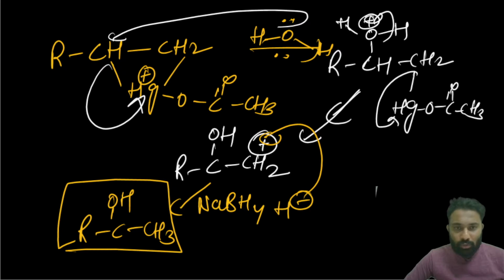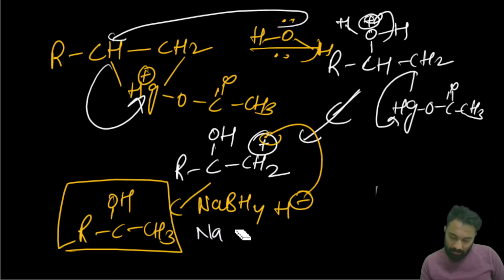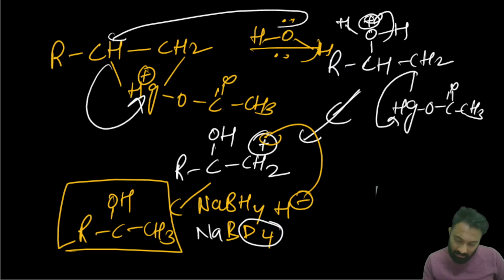Whenever it is demercuration, sometimes they will give you NaBD4. Whenever they have given such deuterium compounds, here the D will be added. If they have given NaBH4, then H will be added.